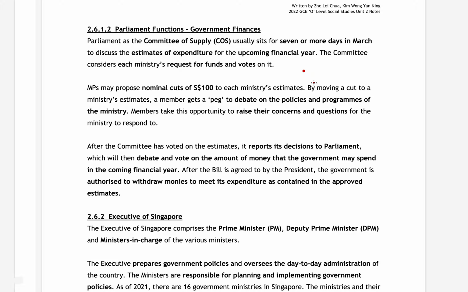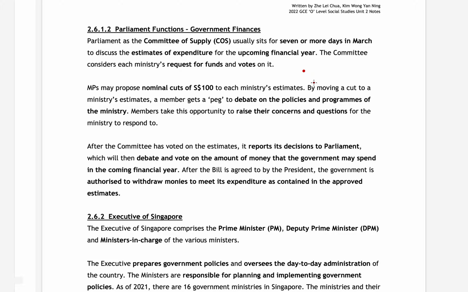If a member of parliament says, hey, this program is not very useful, they can start a debate on that specific policy, and the ministers must respond to it, defend their policies and convince the parliament that they deserve the money for that.